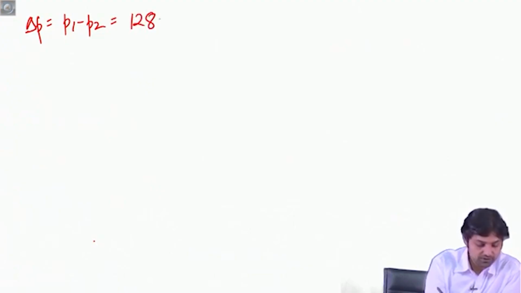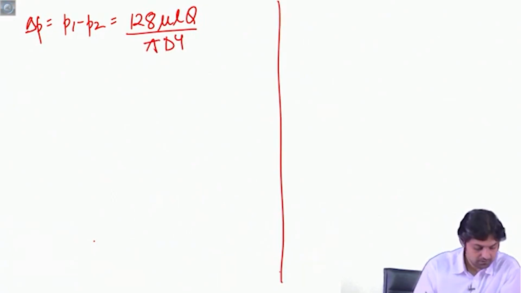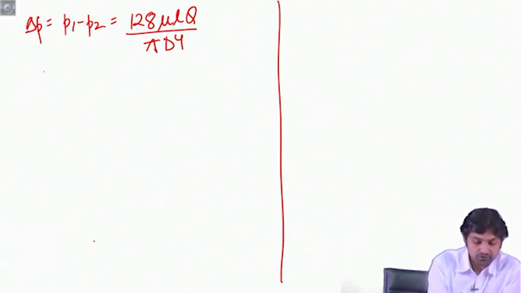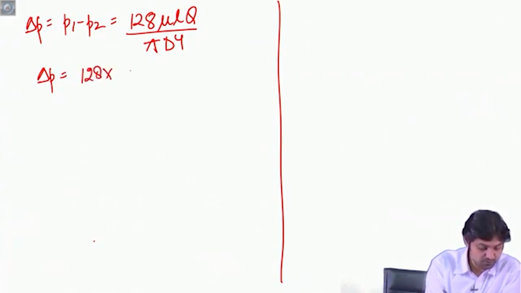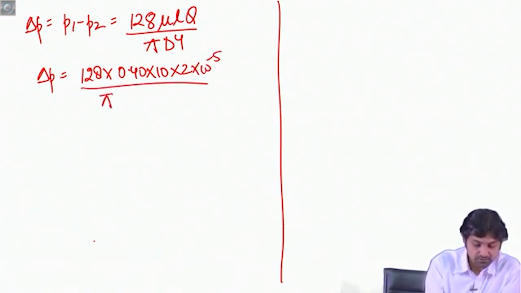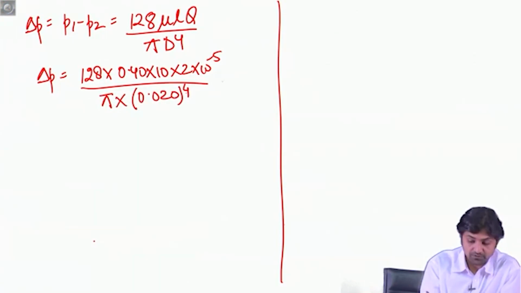I will rewrite the equation: delta P is equal to P1 minus P2 is equal to 128 mu L Q divided by pi d to the power 4. So delta P is going to be 128 into mu, 0.40, into 10 into 2 into 10 to the power minus 5, divided by pi into 10 to the power 4.